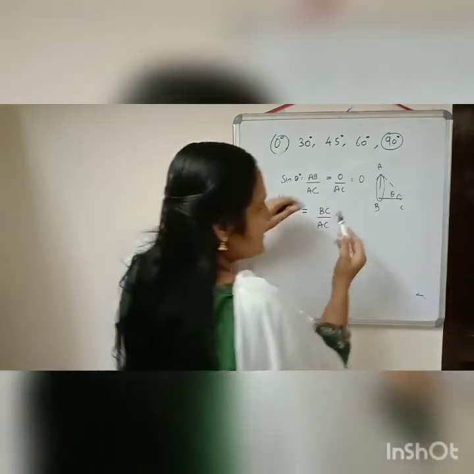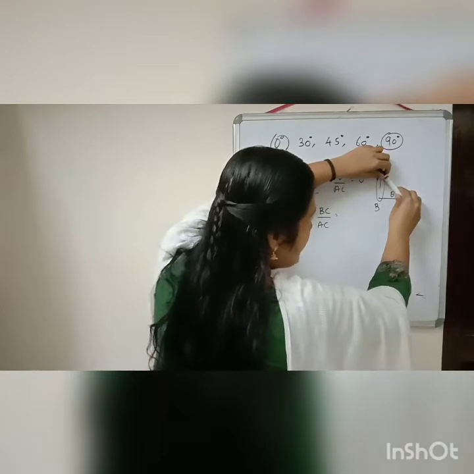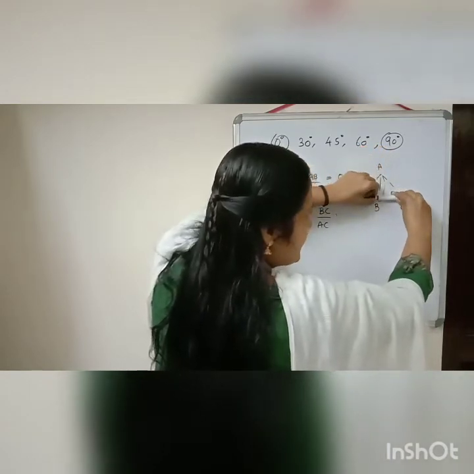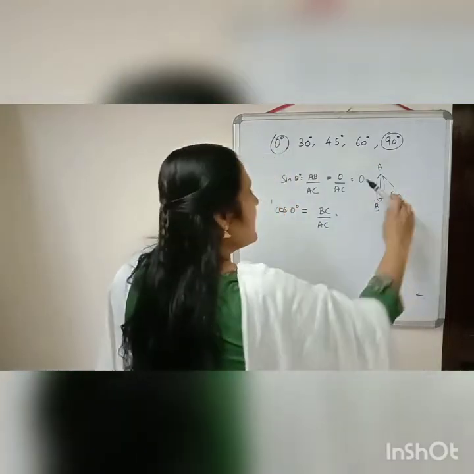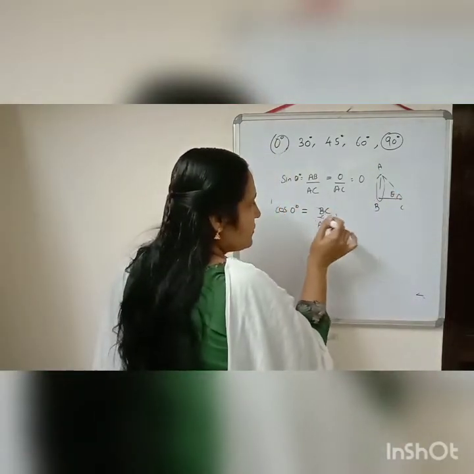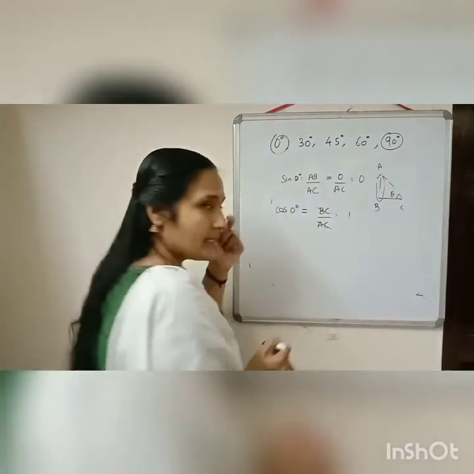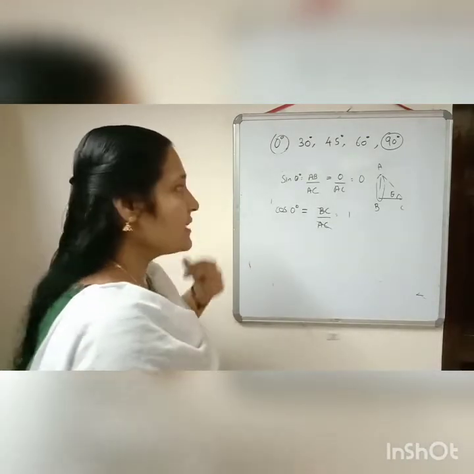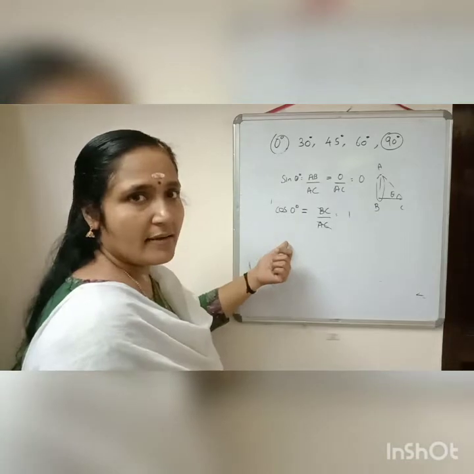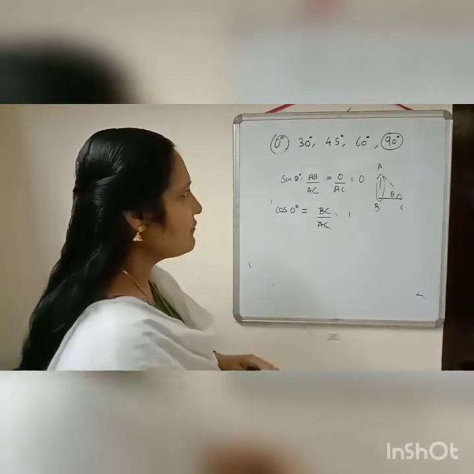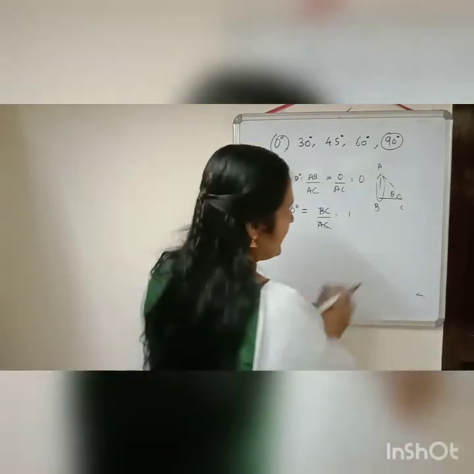But 0 degree is possible when AC will come on the line BC only, meaning length of AC and BC should be same. So in that case, both will get cancelled. We will get cos 0 degree is equal to 1. So this is clear.